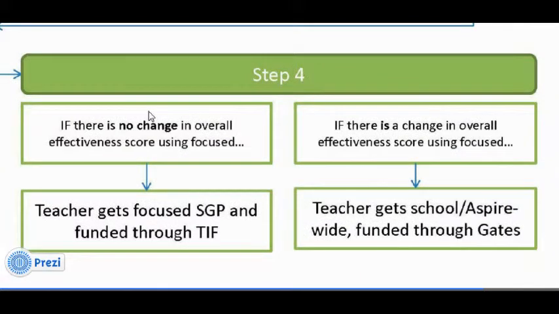If there's no change in your overall effectiveness score using focused, then your bonus will be funded through TIF and you will receive a focused SGP. If there is a change in your overall effectiveness score using a focused SGP, then you will continue to be funded by Gates, and you will receive a school or Aspire-wide score.